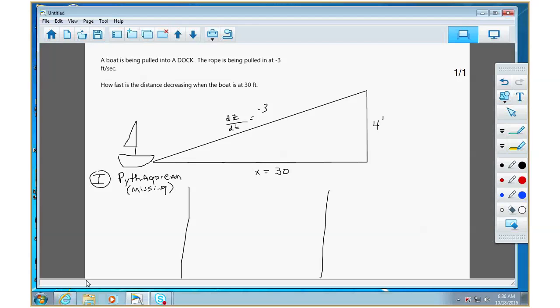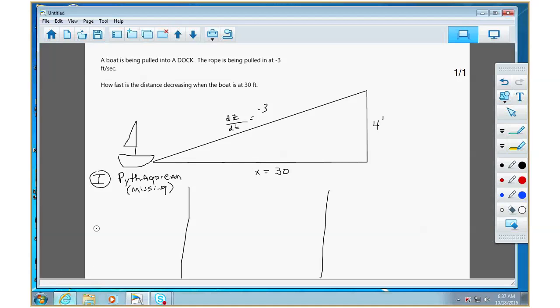Why did I tell you to do that first? A little bit of psychology, because everybody in here knows the Pythagorean theorem, and you plug and chug on a calculator, and you say, okay, I got the first part. It gives you a little bit of confidence. So that's why I say do that first. You may not even need it, but the main thing is do it.